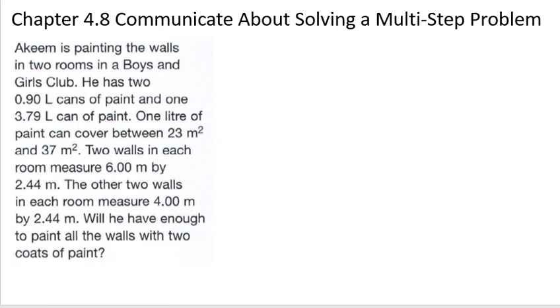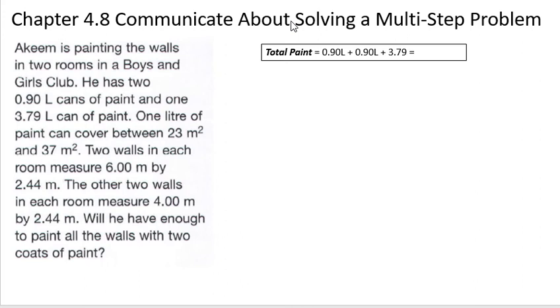So let's begin. To start, we're going to calculate the total amount of paint that he has. For a question like this, in this part, you may use a calculator. So because he has two 0.90 liter cans of paint, I've written those here, 0.90, 0.90, and one 3.79 liter can of paint.